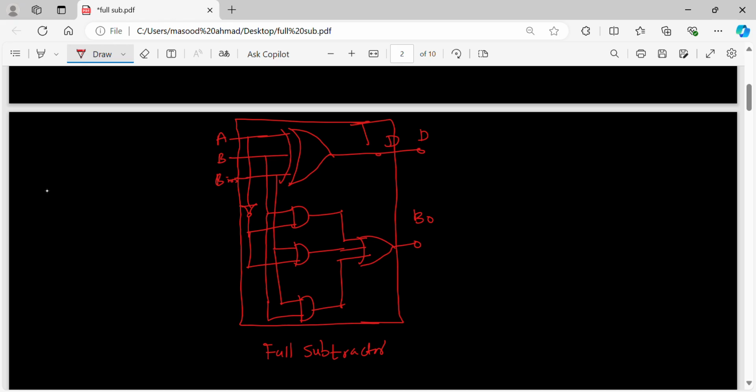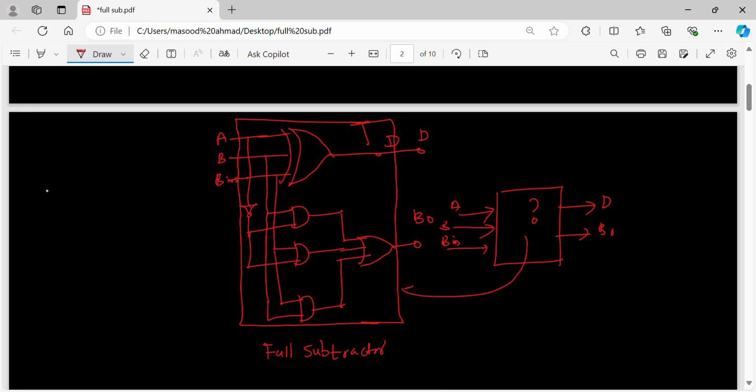We started like this, for which we have three inputs and two outputs, D and B0, with inputs A, B, B in. This is exactly the full subtractor, right? There was a question mark when we were discussing initially, but now what is inside is realized. This is nothing but a design, right? So we understood the operation. We did a design for the full subtractor using logic gates.